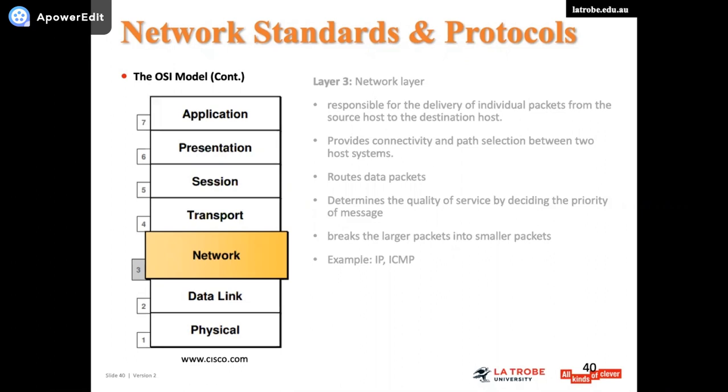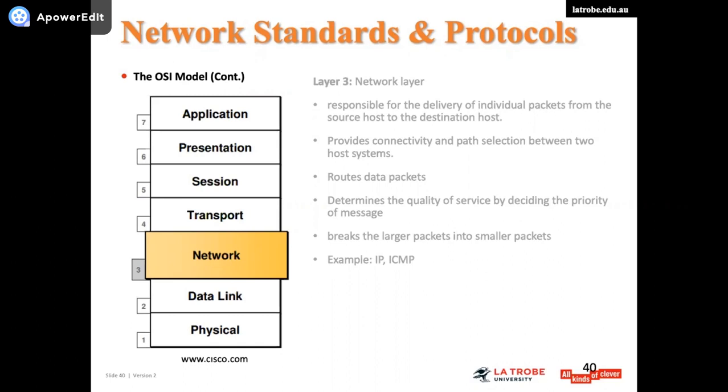So before sending your data, you should divide your large packet into small pieces. And then at the receiver side, the receiver should have the ability to assemble these small pieces again to form the big packet. This is what we call fragmentation in the IP network, and it's also an important function of the network layer.